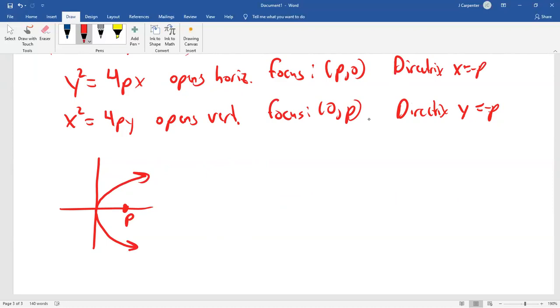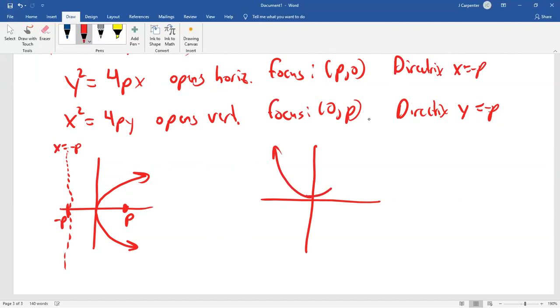And then the directrix is a vertical line that is opposite to that. So that point right there, that's x equals negative p. So the distance from the vertical line to the center is the same as the distance from the center to the focus. Or if it opened vertically, which we are much more used to, then here is your p, and then it's a horizontal line that's y equals negative p.